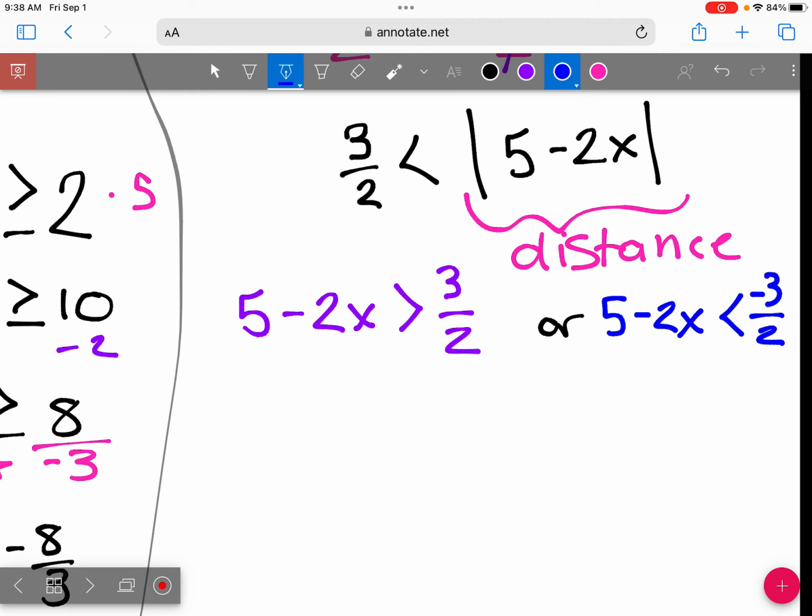Okay. What next? Subtract. Yeah. Subtract what? 5. Minus 5 from everybody. So I'm left with minus 2x is greater than 3 halves minus 5.